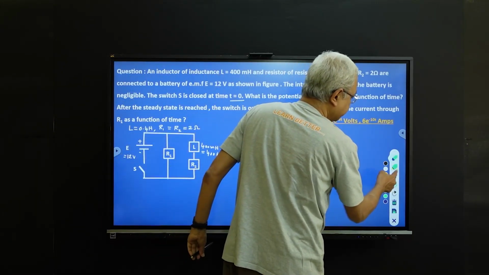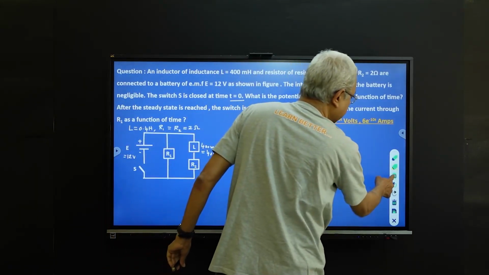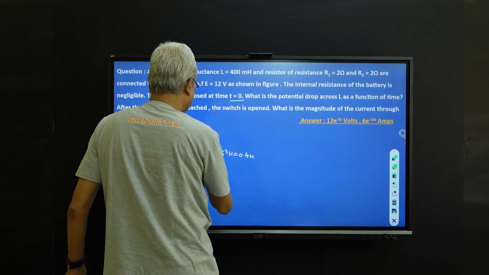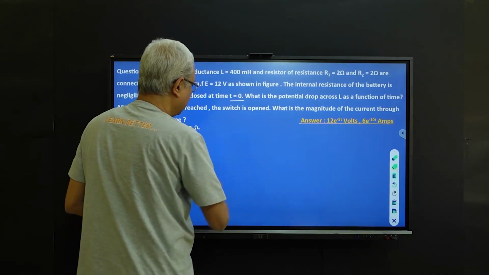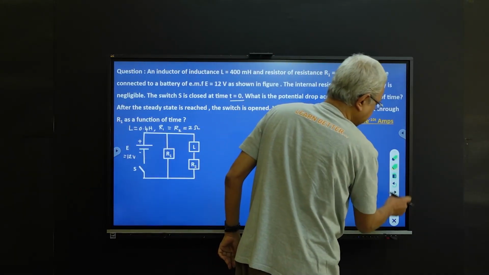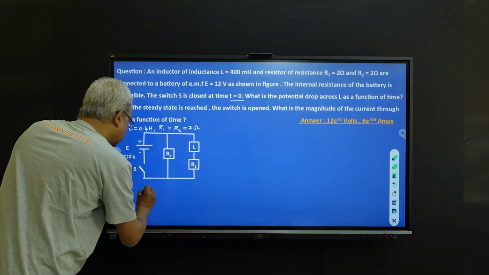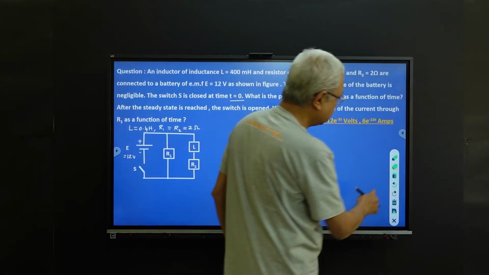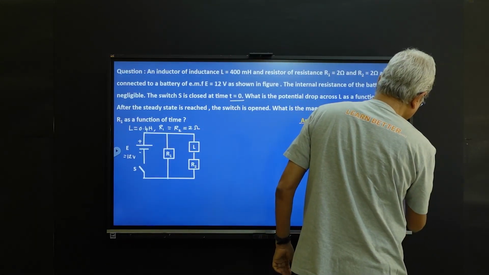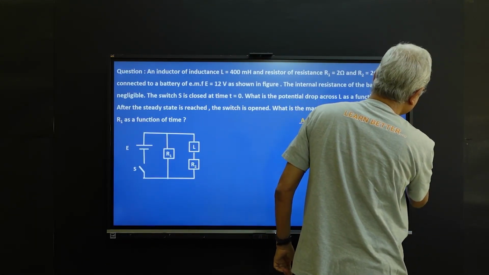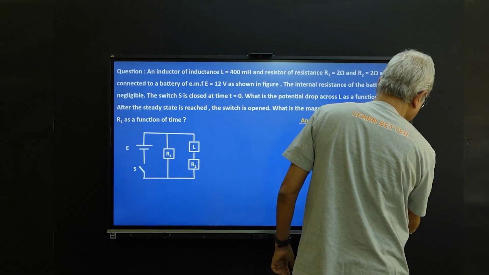So, if we draw the circuit once again, let me draw the circuit.